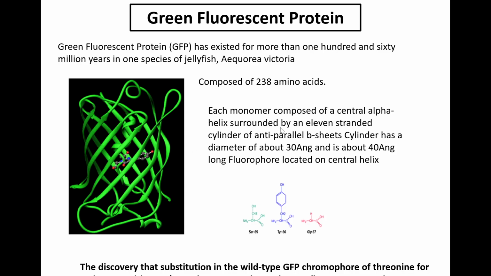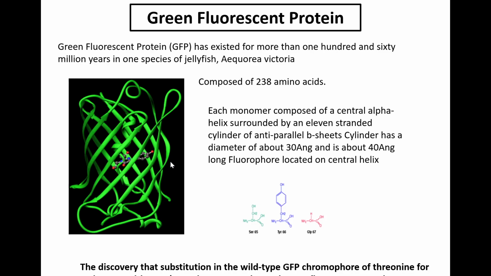Now these are the specifications: each monomer of this GFP is composed of an alpha helix surrounded by 11 anti-parallel beta sheets forming a cylinder. If you see, there are 11 anti-parallel beta sheets, perpendicular to one another, forming a beta barrel like cylinder, which has a diameter of about 30 angstrom and is about 40 angstrom long, with the fluorophore located on the central helix.